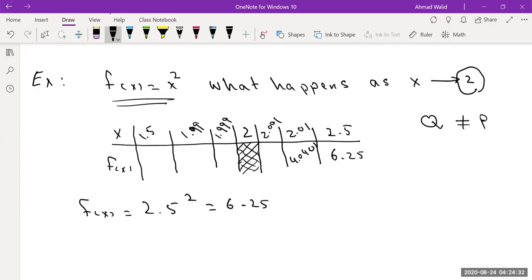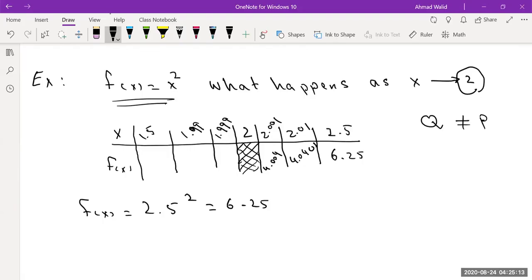And if you plug in 2.001 in your function, and you square it, it gives me 4.004001, which is really, really kind of close to 4, right?